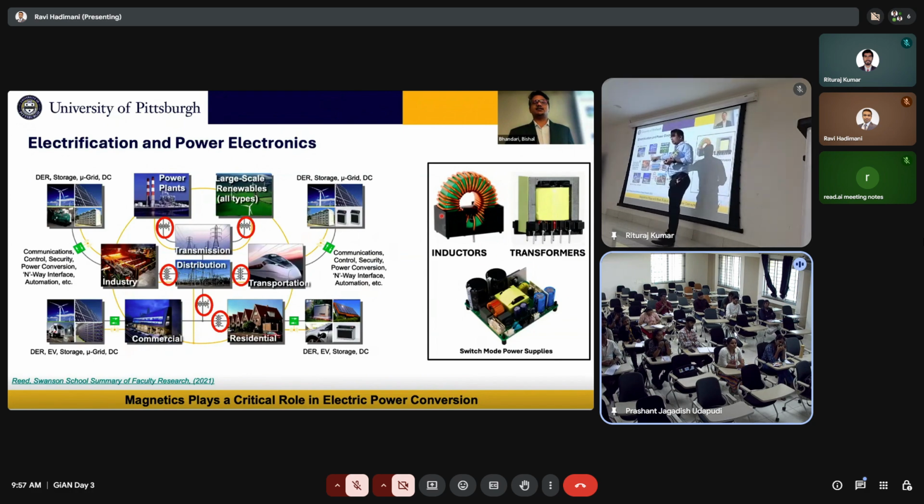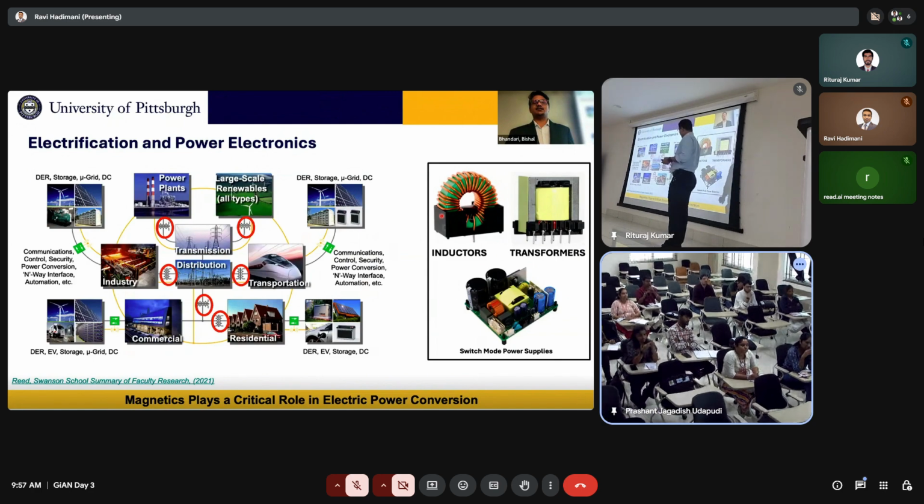So there are a lot of magnetic materials in power transmission. Starting with the transformer, and of course, when it goes to wind turbines, you need permanent magnets to rotate. When the wind rotates it, the voltage is generated because there is a magnetic field applied by a permanent magnet.